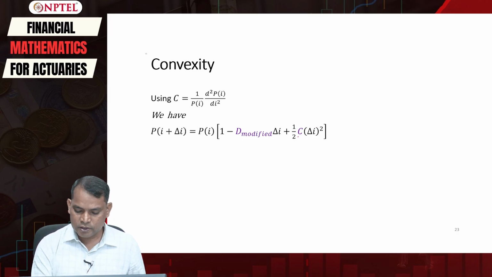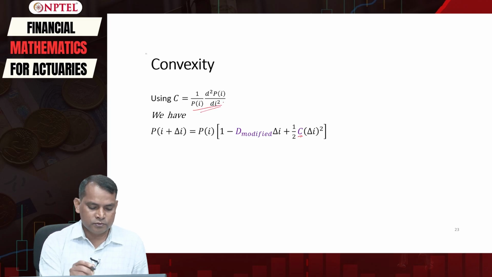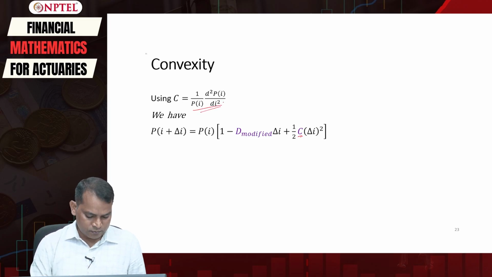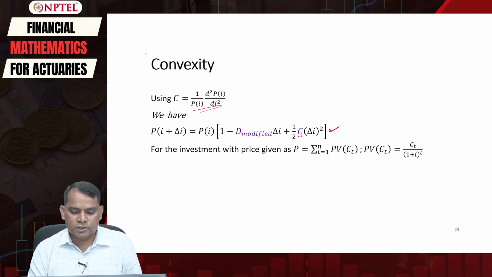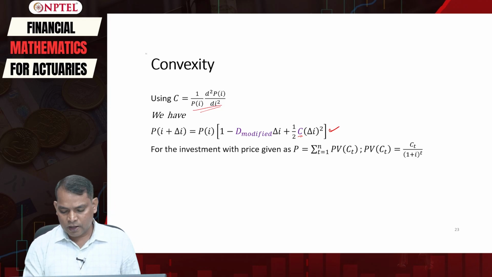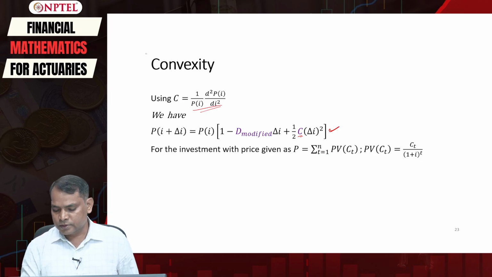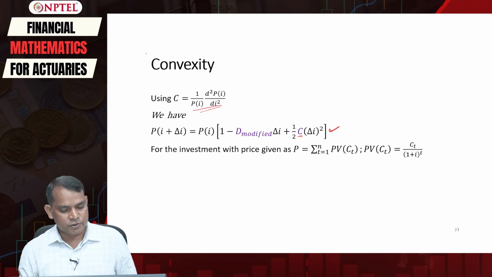When we define C in this way, we can rewrite the previous formula as the present formula here. For the investment with the price given the way we have already understood, P is equal to the sum of present values of the cash flows, where the present value of a cash flow is computed as Ct upon 1 plus I to the power t.